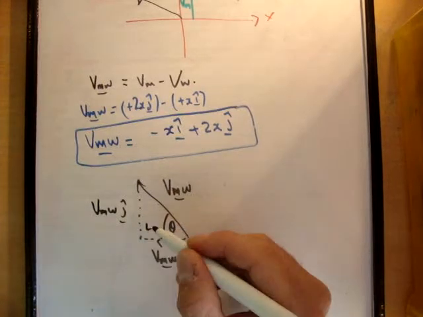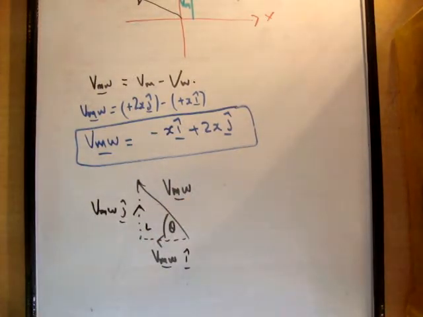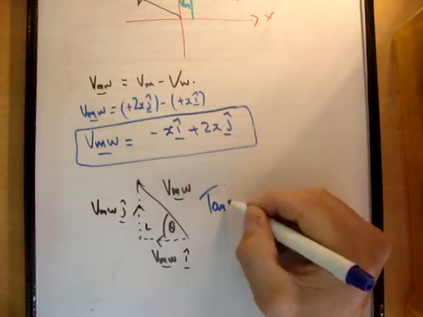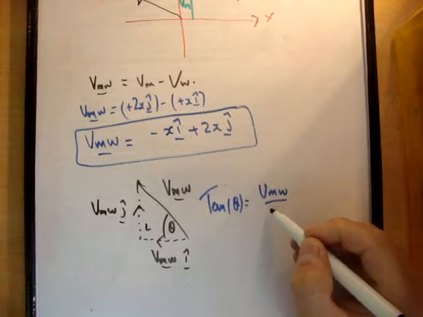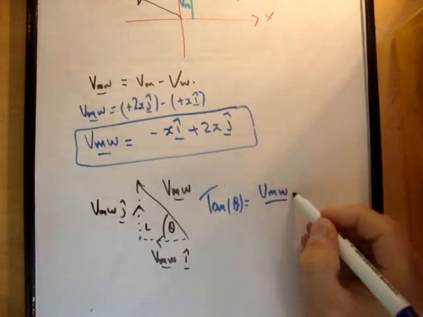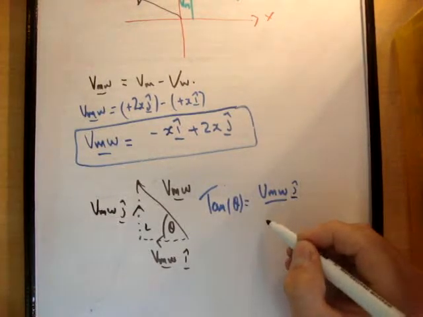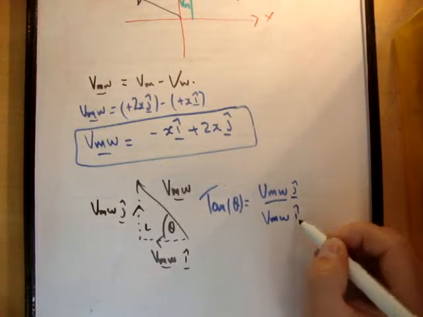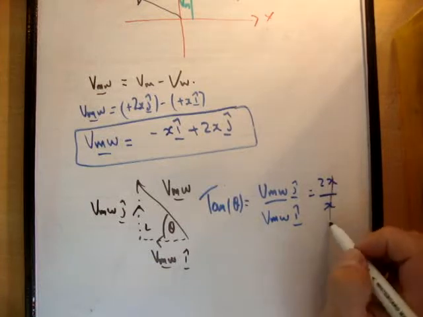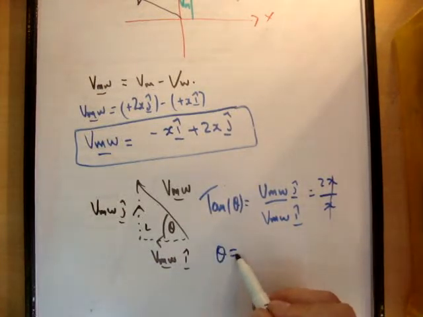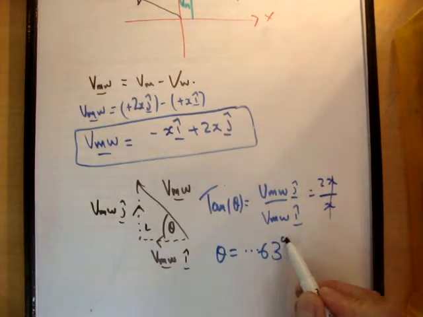And these are of course at right angles. So tan theta, as normal, is equal to Vmw's j-hat component over Vmw's i-hat component, and that turns out to be 2x over x, which is equal to 2. So therefore the inverse tan of that turns out to be approximately 63 degrees.